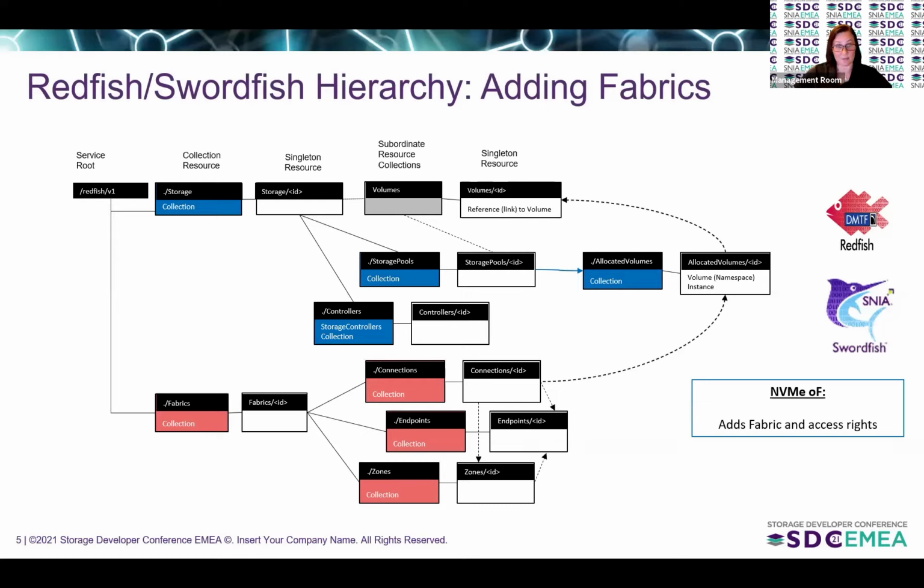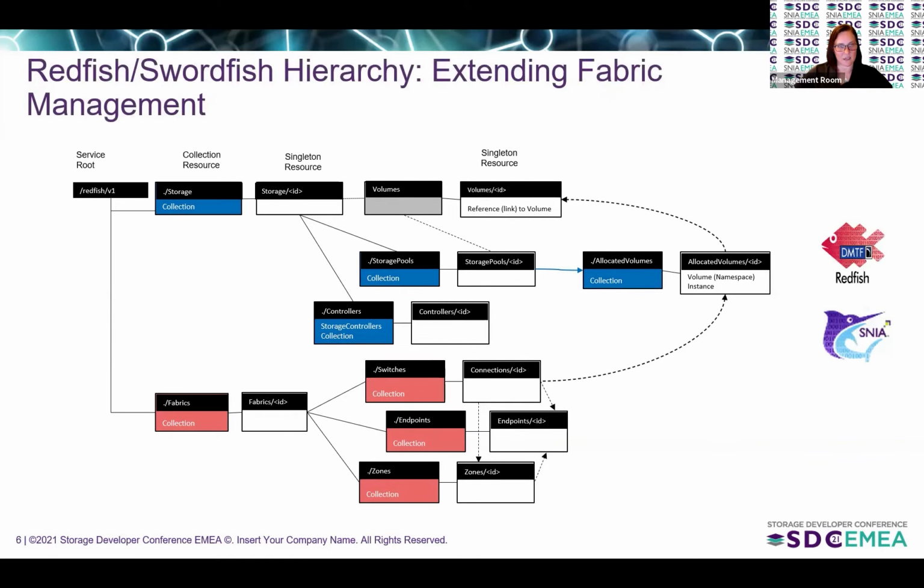The Redfish fabric model has two basic capabilities built in. One is mapping authentication capabilities, and the other is mapping connectivity. This particular picture talks about mapping the authentication and access capabilities, which uses the connections, endpoints, and zones model. That's what we have mapped to date in the NVMe-oF space. The next piece in the fabric model covers the connectivity model.